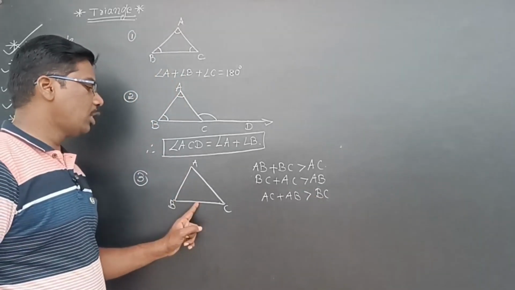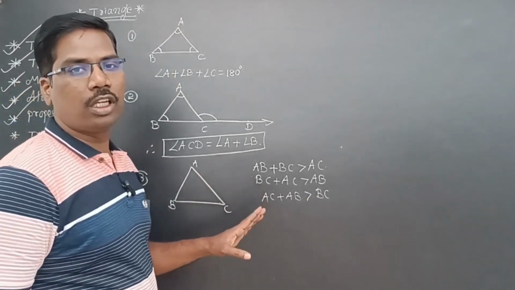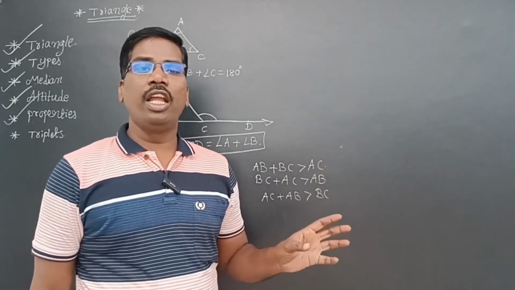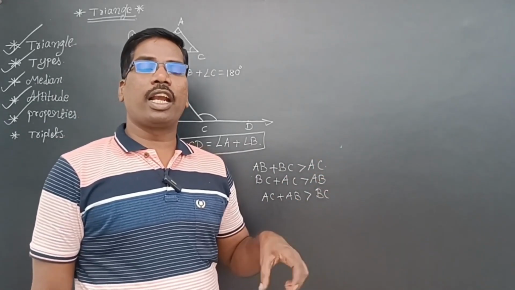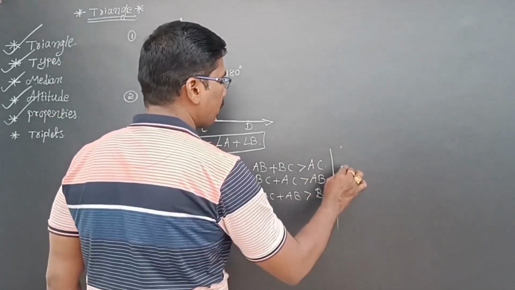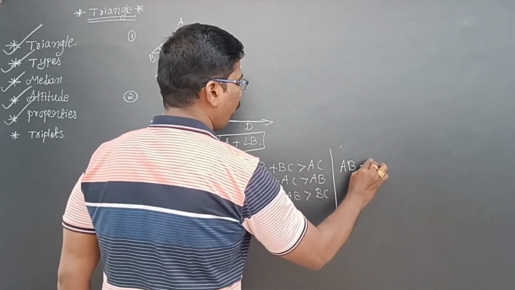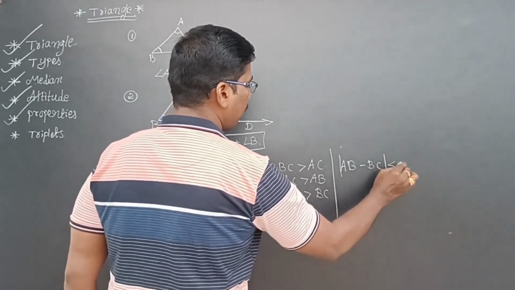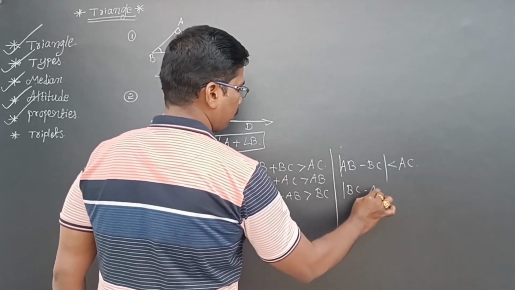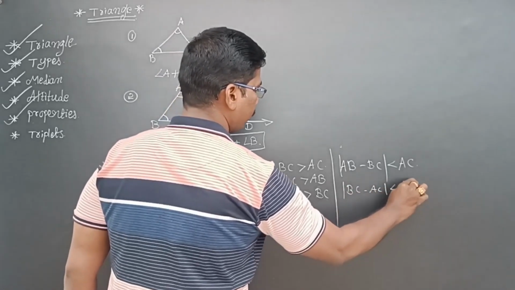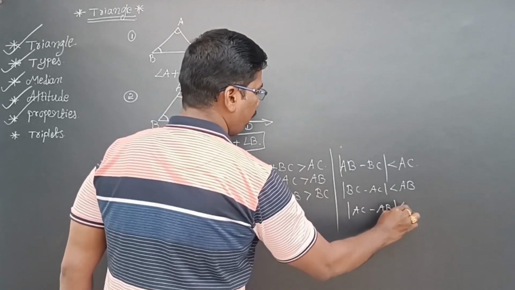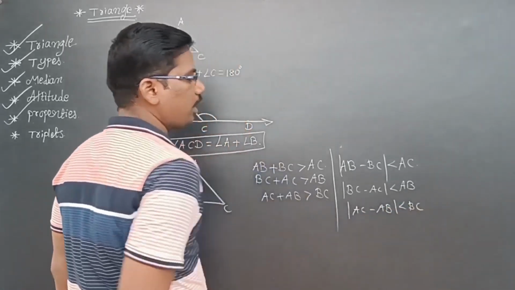The sum of any two sides of a triangle is greater than the third side. In the same way, the difference of any two sides of a triangle is less than the third side.